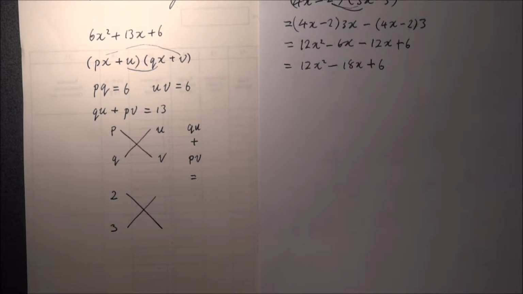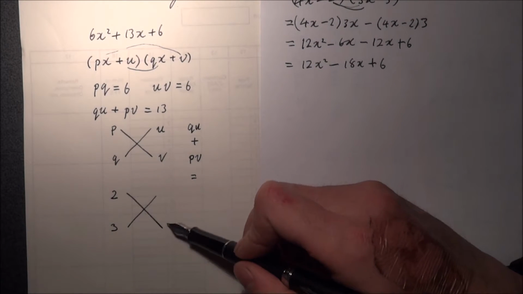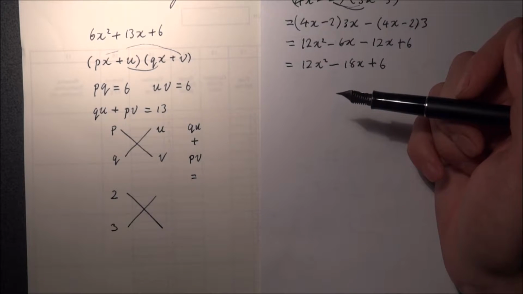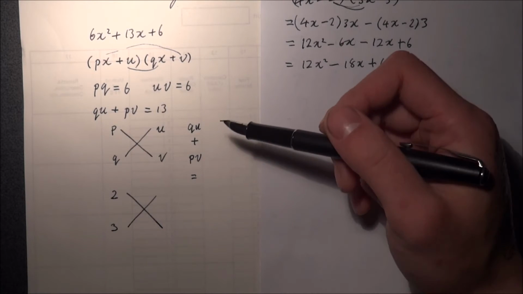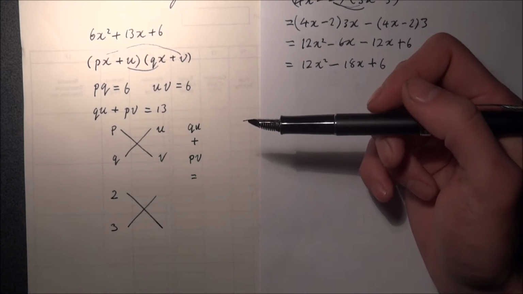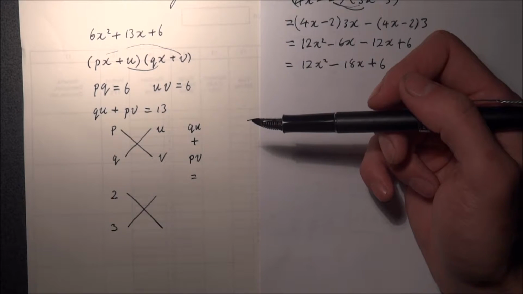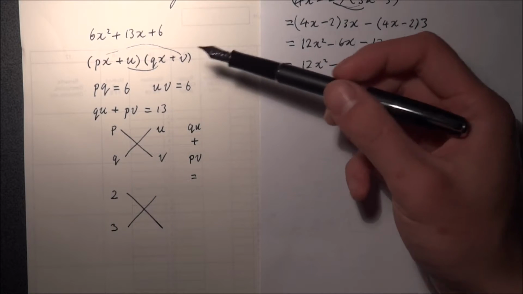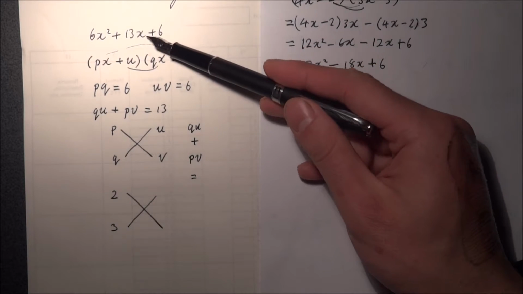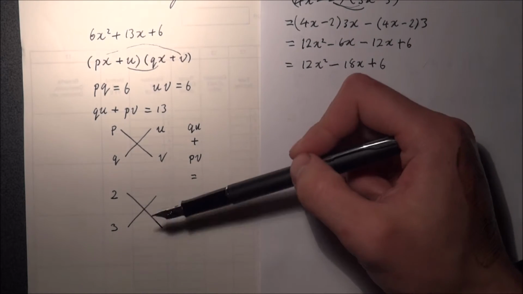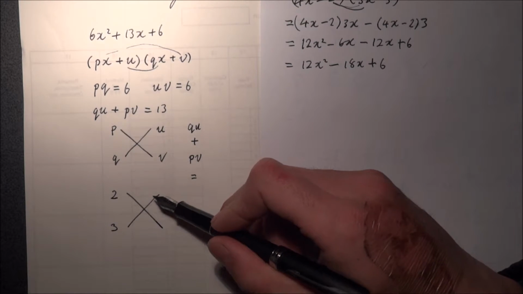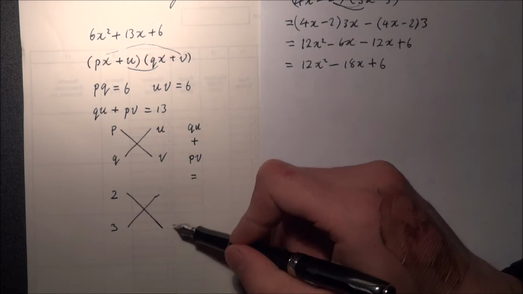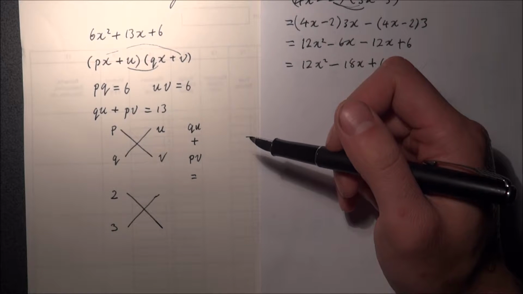And the next two terms here are also factors of 6. So once again, they are either 1 and 6 or 2 and 3. Fortunately, because both of these are positive, we can say that both these two numbers have to be positive as well.